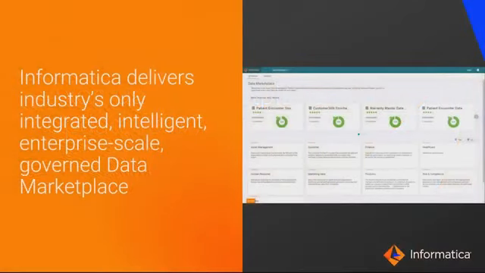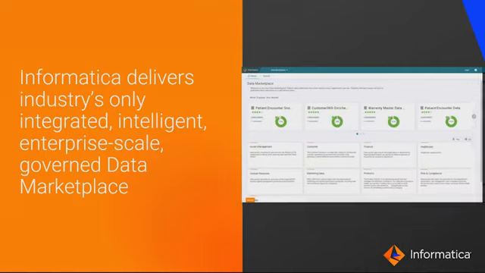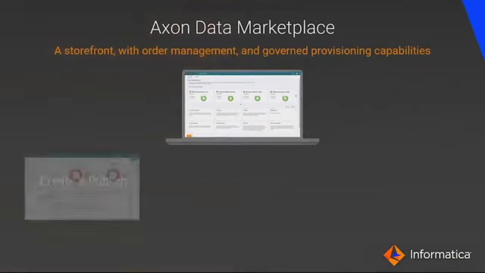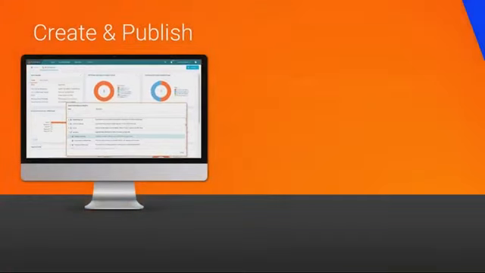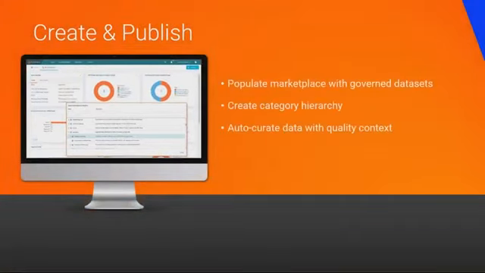Many of you may be aware that we've delivered a governed data marketplace on Axon. It's a feature of the Axon Data Governance solution and allows consumers to shop for data in an easy, convenient merchandising storefront experience. Data owners create the data that they want within the rules that are governed by the data governance team.